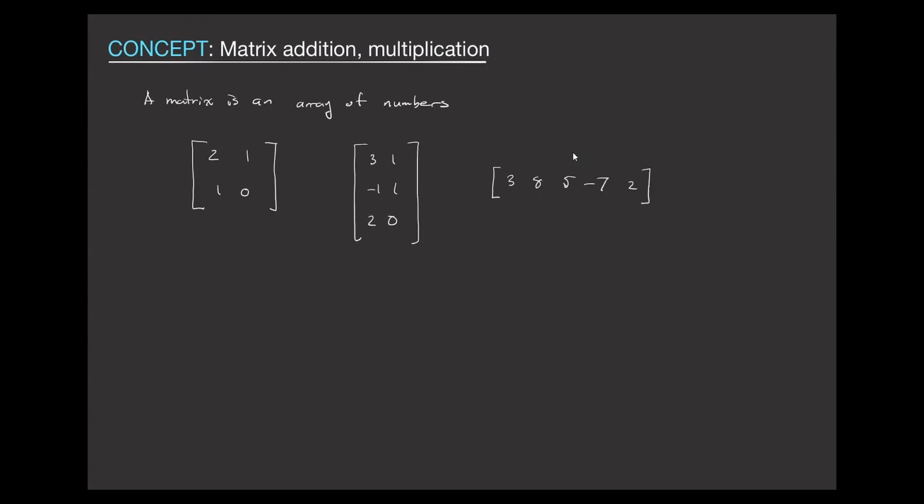Lots of different things you can have. In general, what you have is a number of rows and a number of columns.